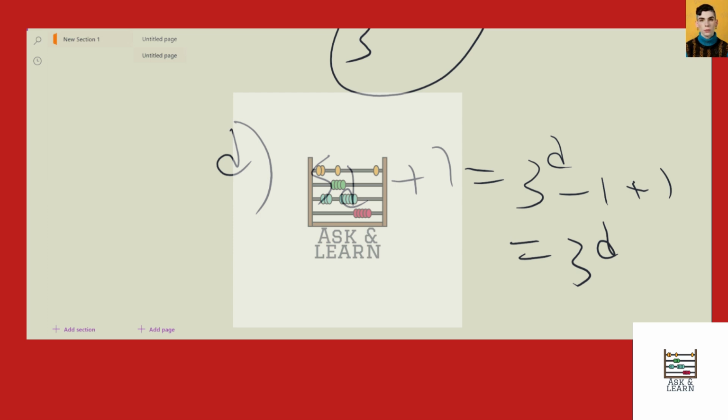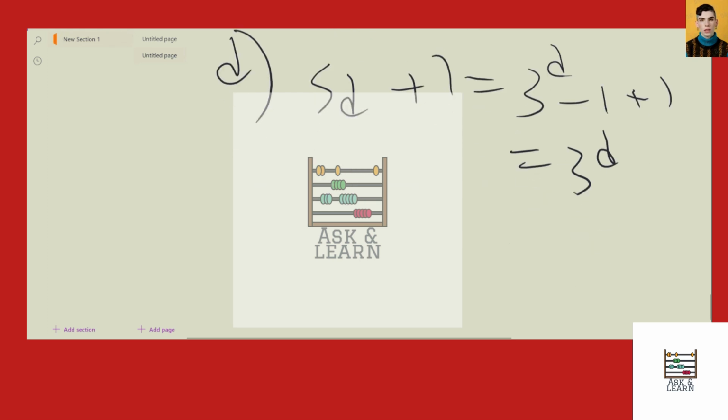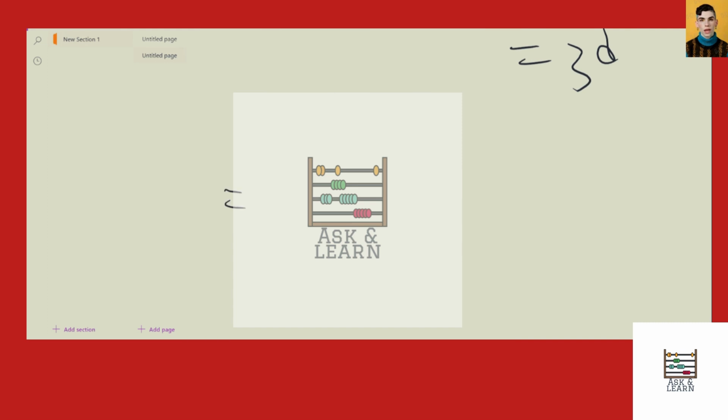So if you start with the initial arrangement, then the moves you make give you 3 to the D minus 1 different arrangements. So you have the initial arrangement and the 3 to the D minus 1 arrangements you made. So the arrangements are going to be equal to 3 to the D minus 1 plus 1, which is just equal to 3 to the D arrangements.